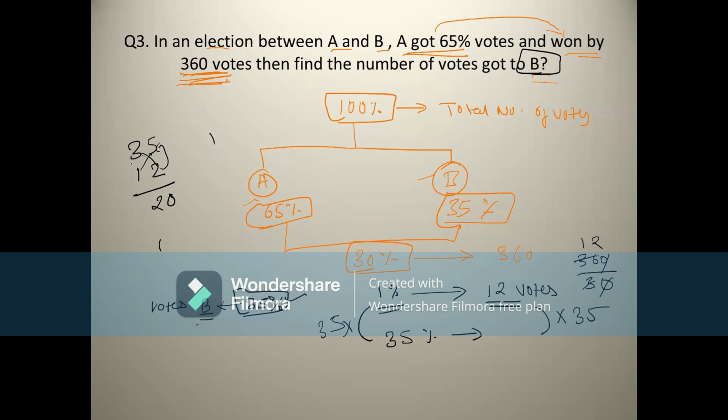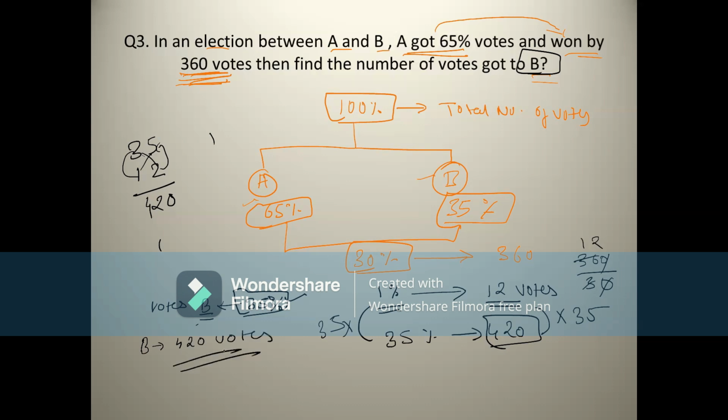So 2, 1. Now 3 into 1 is 3, and this one 4. So the value of 35% will be 420 votes. So the number of votes B got is nothing but 420 votes.